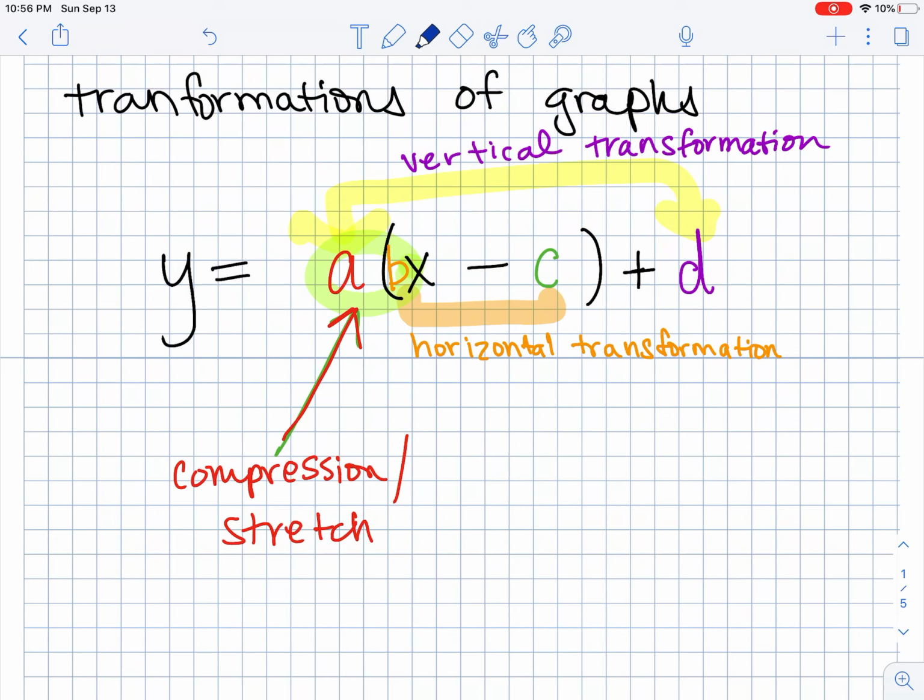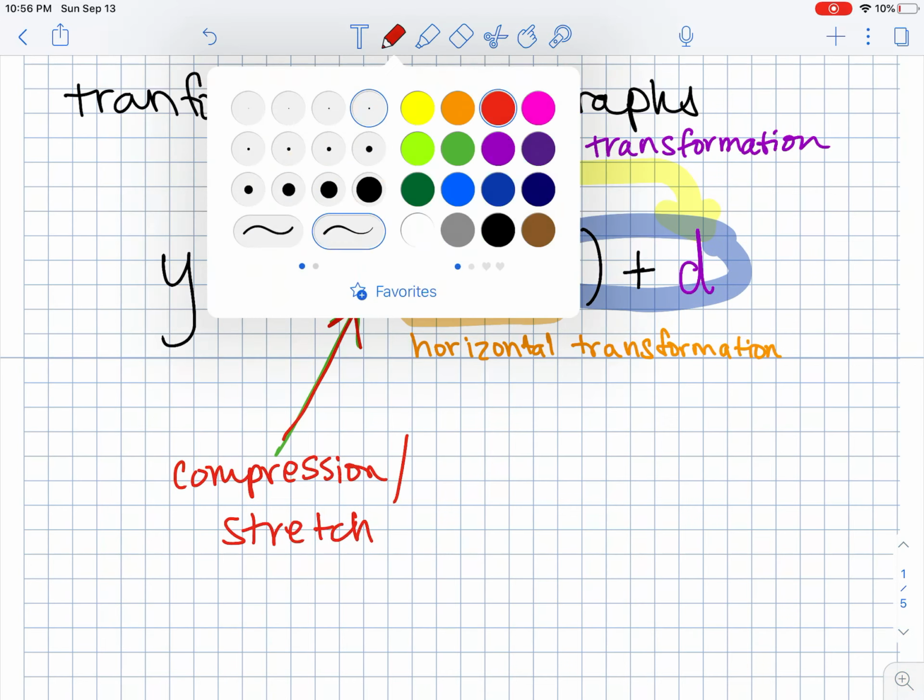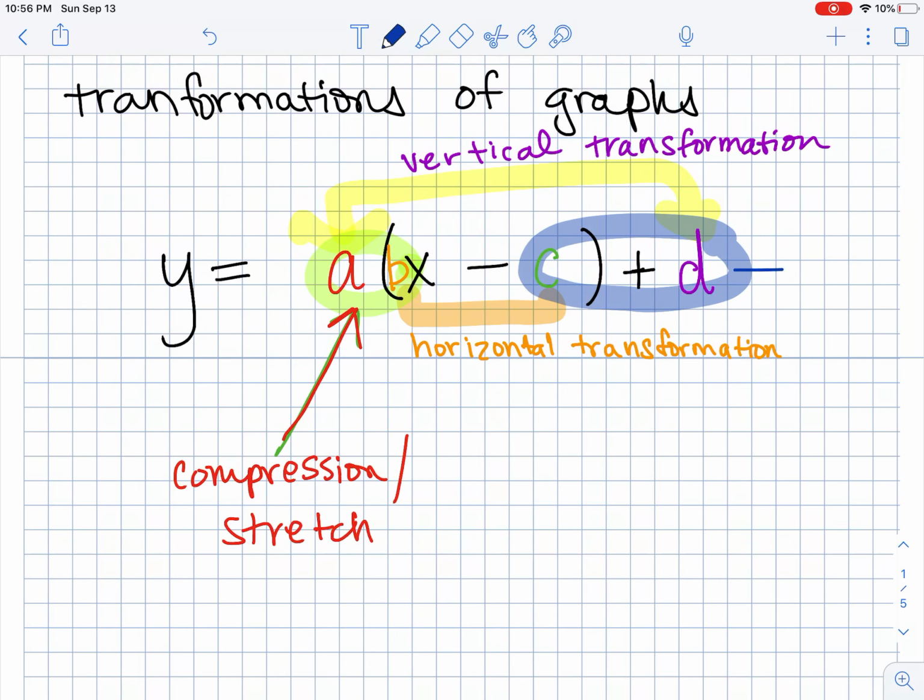And the last one here is these two, okay, where these are what's called a translation, where we're either going right, left, or up and down.